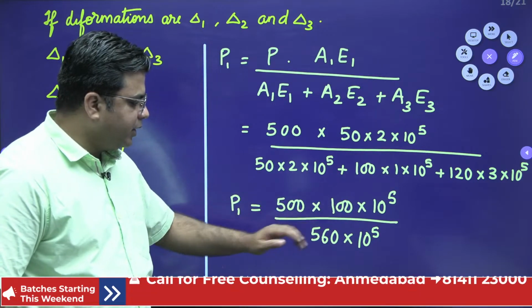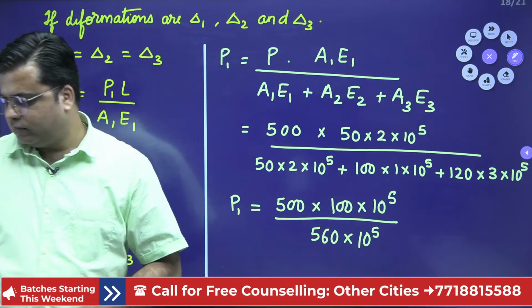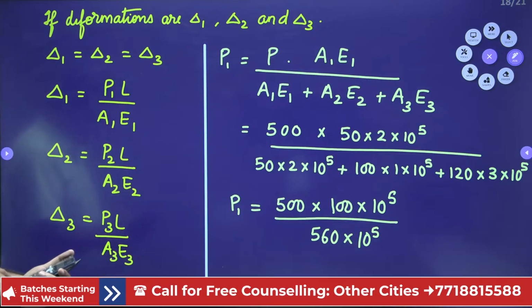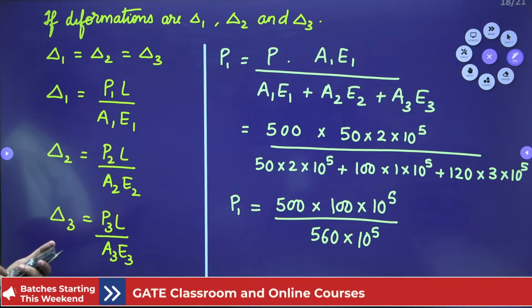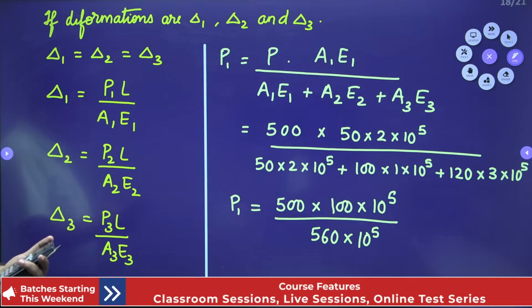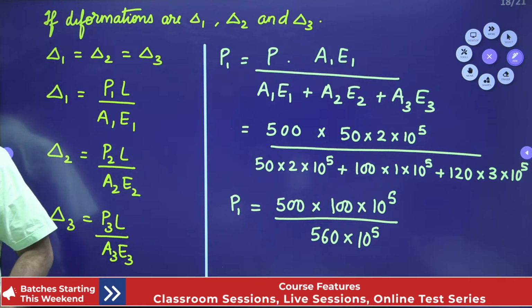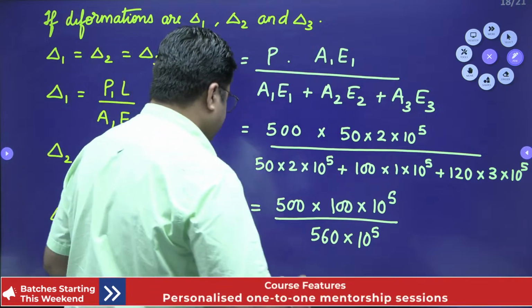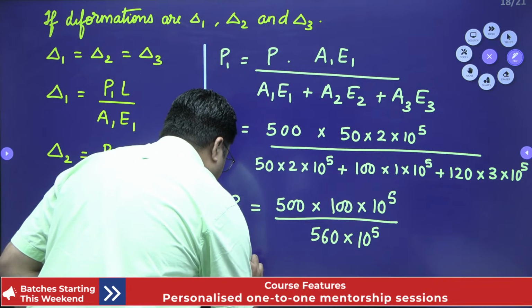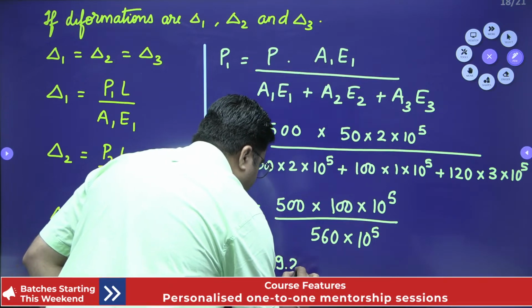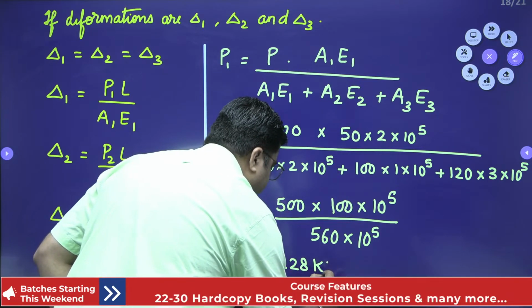It will be 100 by 560 into 500. So how much is it? 100 divided by 560 into 500 comes out to be 89.28 kilonewton. So P1 comes out to be 89.28 kilonewton.